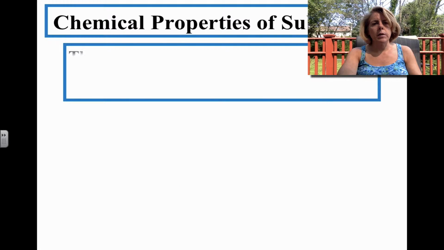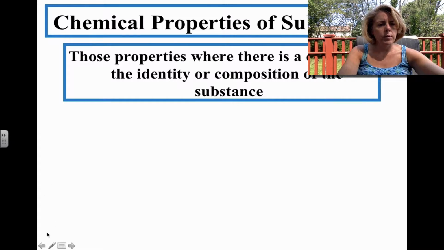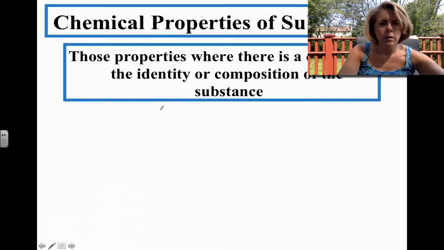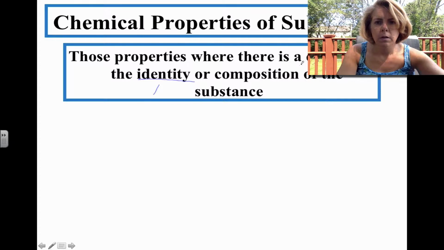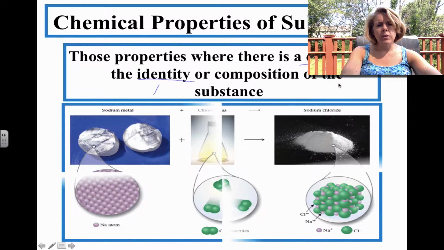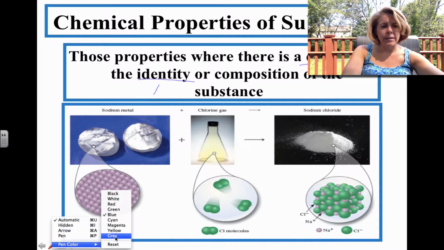Okay, so here we go. Chemical properties of substances. So when you see a change in the identity or composition of the substance, you know that you're undergoing a chemical change. So in this slide, we essentially have sodium metal. And notice that the sodium metal is shiny.